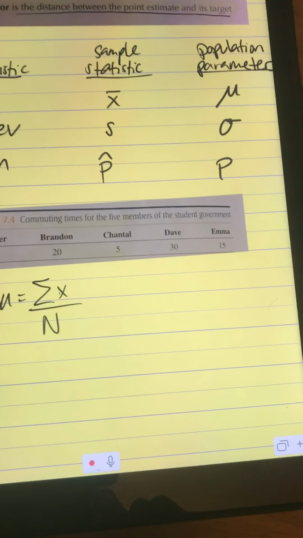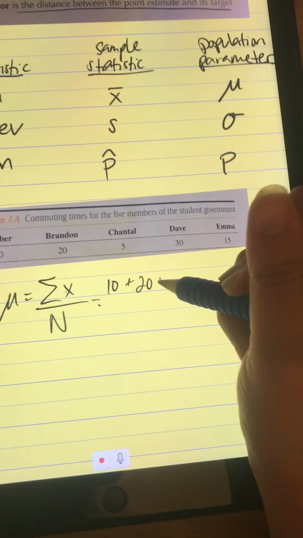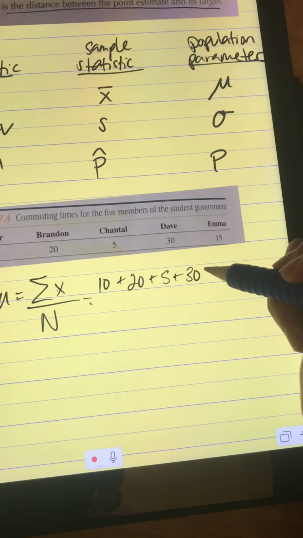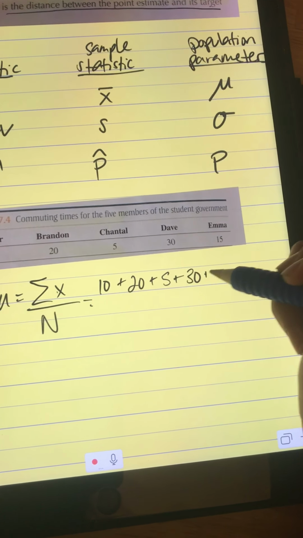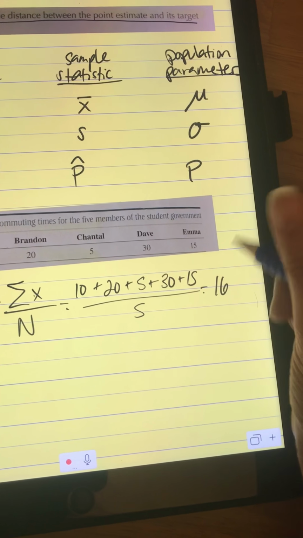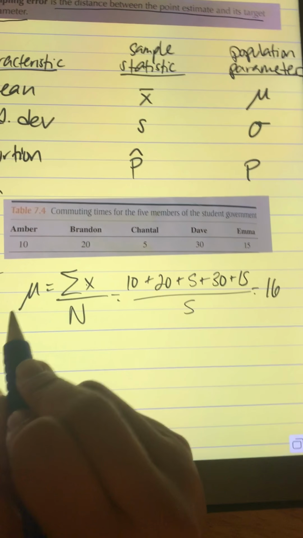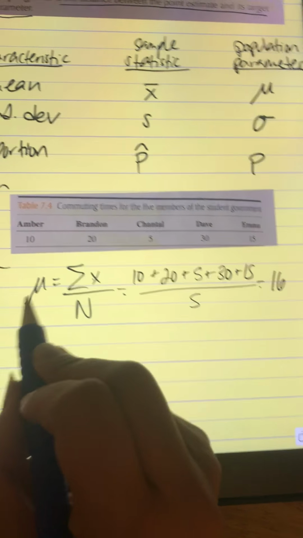So I have Amber for 10, Brandon, Chantal, and Dave, and Emma. And there are 5 of them. So if I do that, it takes them an average, mean, estimated time, remember those are all the same term, of 16 minutes.